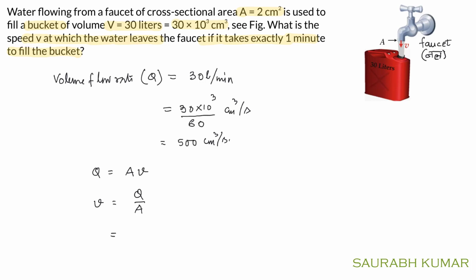So Q is 500 centimeter cube per second and area is 2 centimeter square. So this is equal to 250 centimeter per second, or 2.50 meter per second.